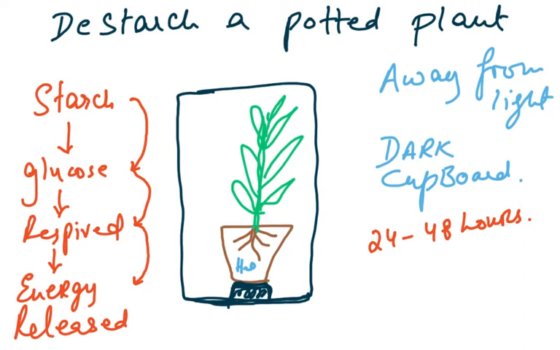So you can be kept without food for quite a long time, but you will be asked to drink water because water is actually the necessary thing which will keep you alive. But food is not necessary because you have a lot of reserves in your body. So the starch is converted to glucose, the glucose is respired, energy is released, and then after 48 hours, we will set up the practical on this plant in which we have de-starched a potted plant.